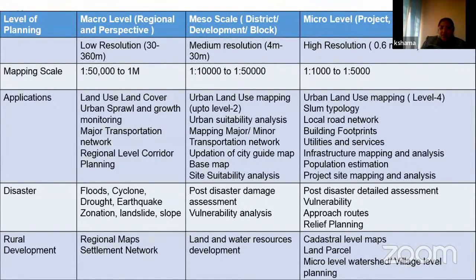Most of the remote sensing satellites are polar orbiting satellites. Depending upon their constellation, the repeatability can be 5 days to 15 days or 25 days. Repeatability means the satellite will visit that same area again.